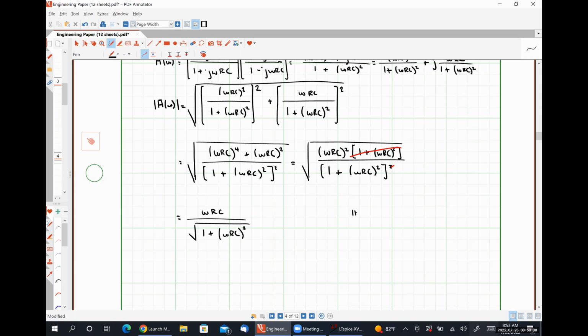Now, to determine what type of filter we have, we evaluate at 0. So at omega equal to 0, we're going to have 0 over 1, which is 0. At infinity, we're going to have infinity over infinity, which looks like 1.